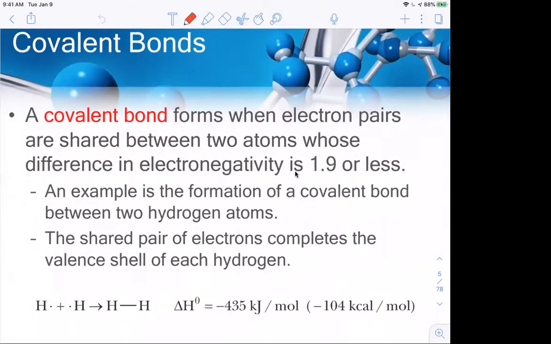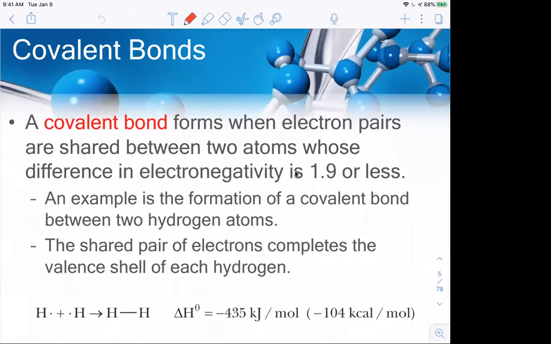Just to review, a covalent bond forms when electron pairs are shared between 2 atoms whose difference in electronegativity is 1.9 or less. So if I have 2 hydrogen atoms, each one has 1 electron. Hydrogen, to fill its valence shell, wants a duet because it wants to be like helium, like a noble gas.